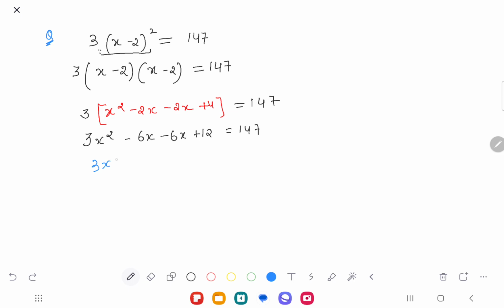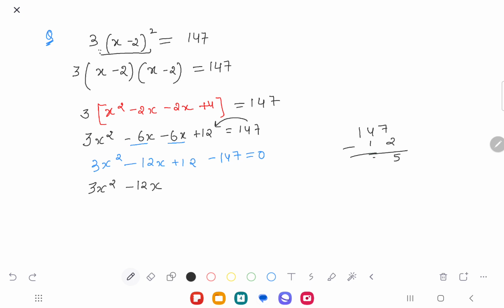I have 3x squared minus 12x plus 12 minus 147 should be 0. So I'm going to bring down this 147 here. So I will have 3x squared minus 12x, right? And 12 minus 147 shall be what? It shall become minus 135 shall be 0.